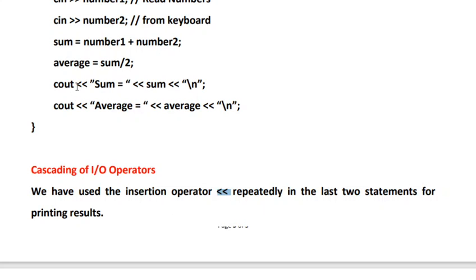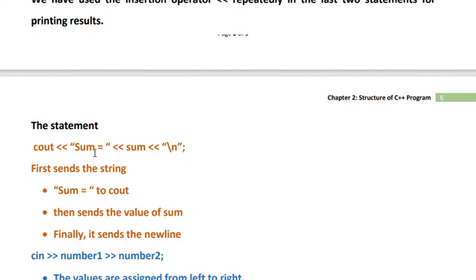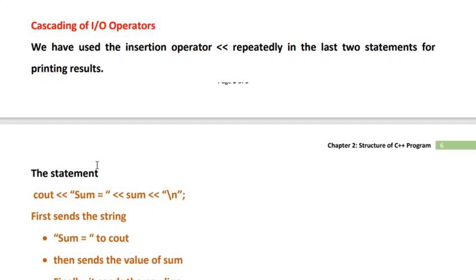What we could have done was cascade this into a single statement, where in the single statement we could have put the sum and the average. So we can cascade multiple operators into a single statement and simplify the program.